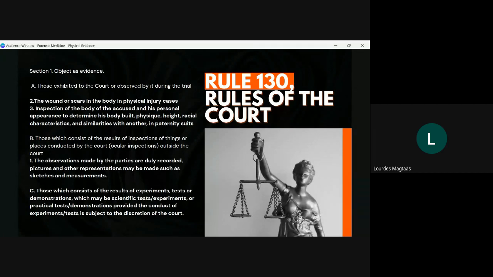And lastly, those tests or experiments or practical tests or demonstrations, provided the conduct of experiments is subject to the discretion of the court, wherein analysis of physical evidence come into play.